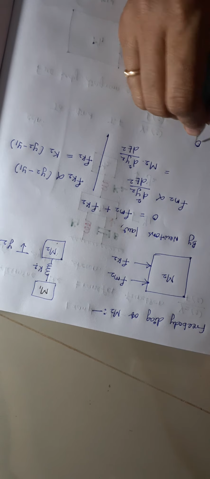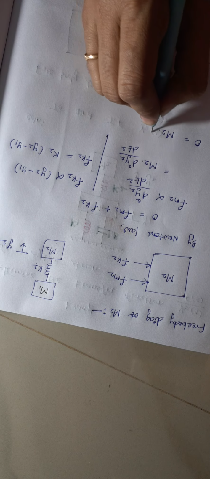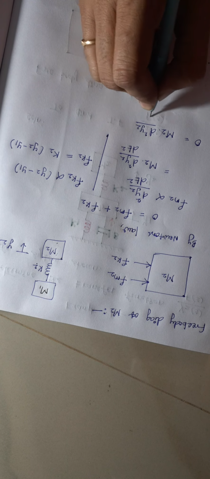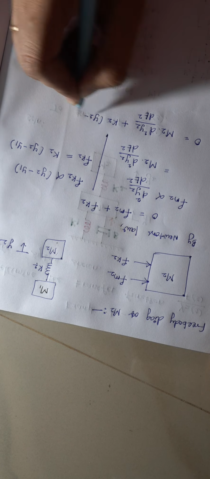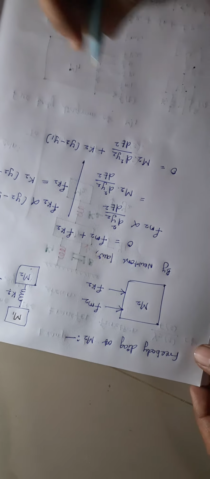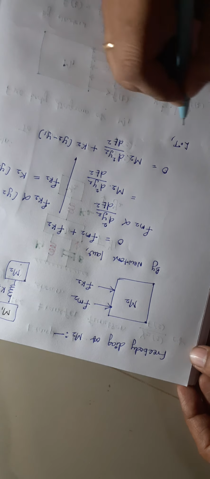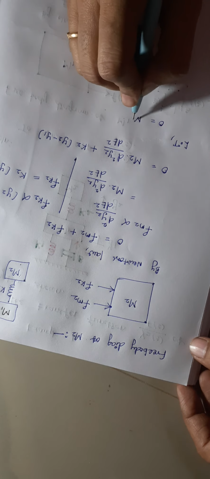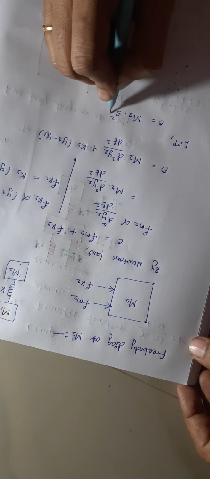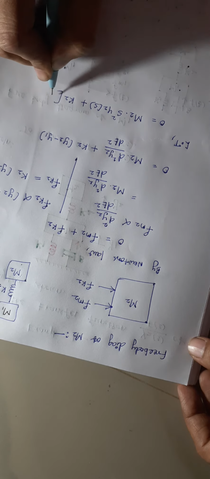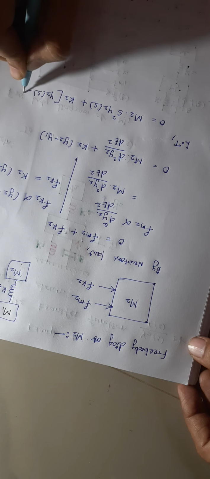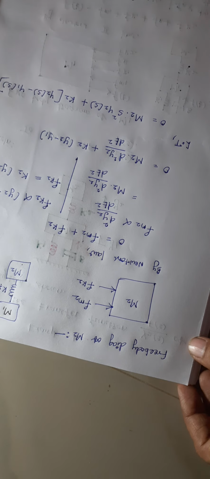So we will get 0 equal to m2 into d square y2 by dt square plus k2 into y2 minus y1. When you take the Laplace transformation, this expression becomes m2 into s square into y2 of s plus k2 into y2 of s minus y1 of s.